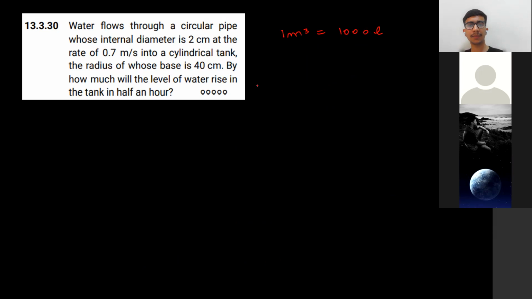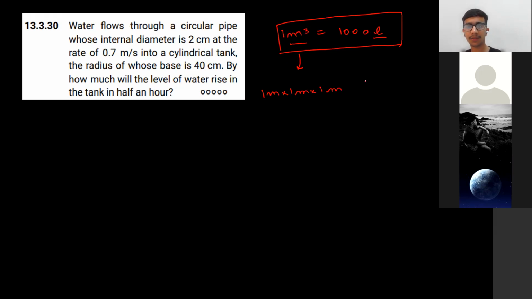And how many centimeter cubes are equal to a milliliter? Convert this meter into centimeter and this liter into milliliter. So basically you have to remember that 1 meter cube is equal to 1000 liters. Let's derive it for the centimeter. 1 meter cube means 1 meter into 1 meter into 1 meter, right?